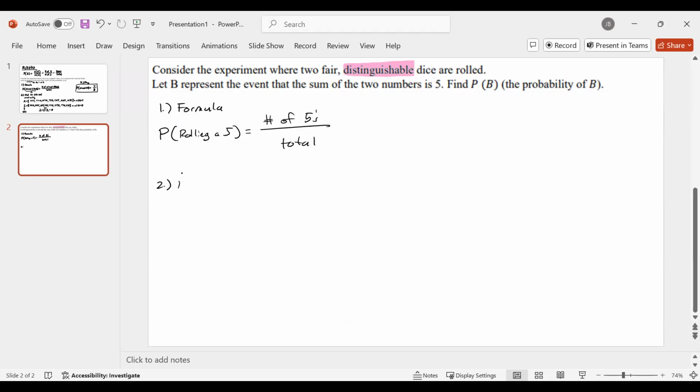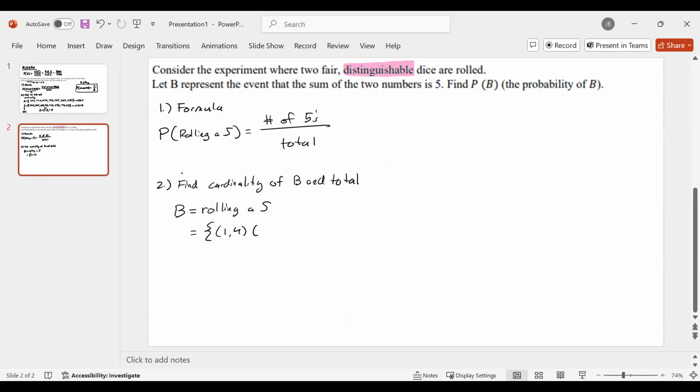Step 2 is to find the cardinality of B and the total. Okay. So B is equal to rolling a 5, which is going to be equal to, so how many ways can I roll a 5?